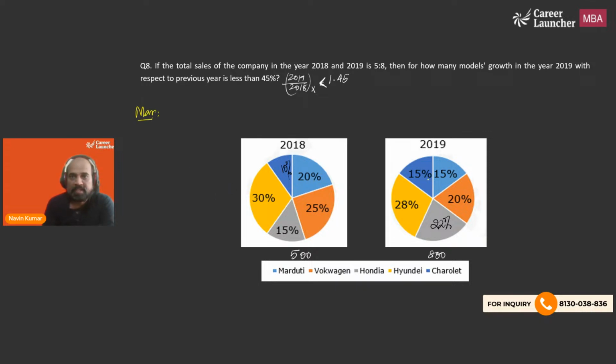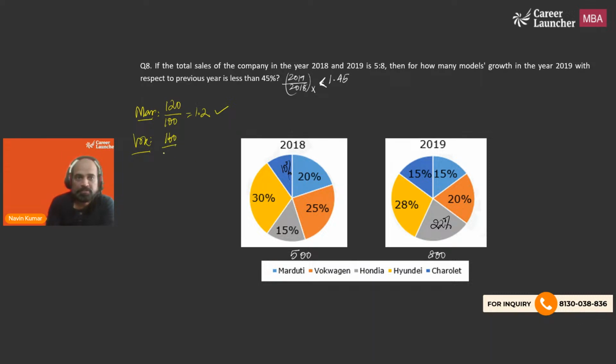So 2019, this is 15 into 8, which is going to be 120. And in 2018, it is 20 into 5, which is 100, which is 1.2. Definitely the growth is less than 45%. Next, if we look at Volkswagen, it is 20 into 8, which is 160.